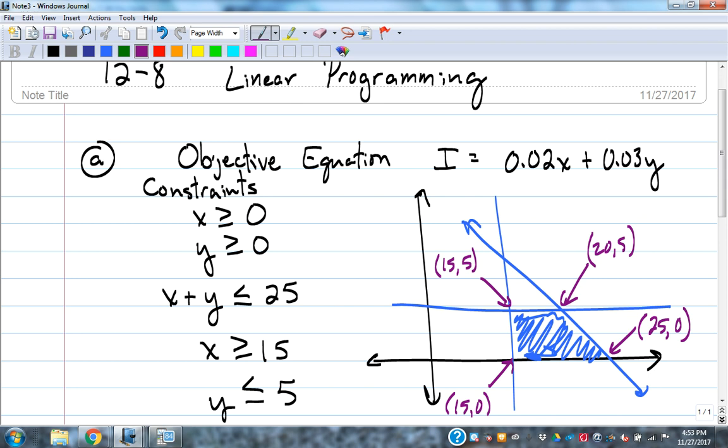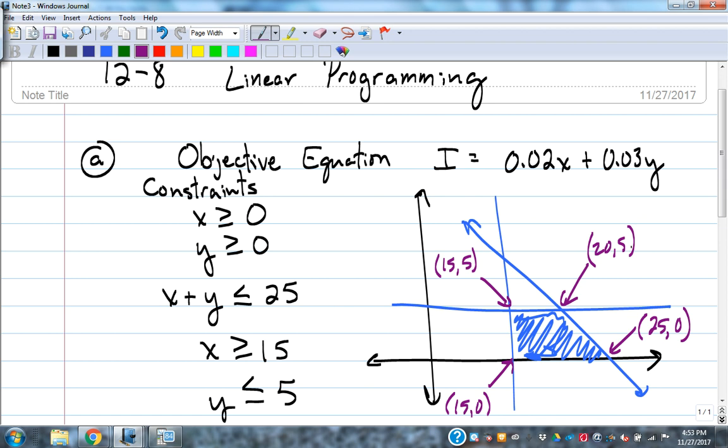So you're taking those x and y values and plugging them into the objective equation and checking out what's going on. They may be asking you to maximize or minimize the objective equation. Maximize, you're looking for the highest answer. Minimize, you're looking for the lowest answer, depending on the situation or the word problem that they're presenting, what they're going to ask you to do.